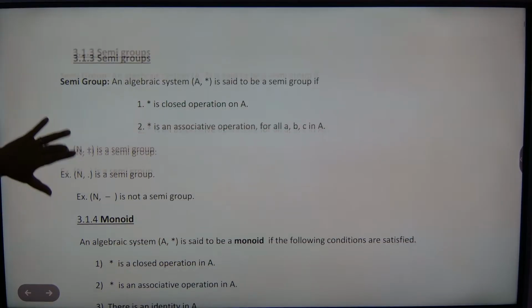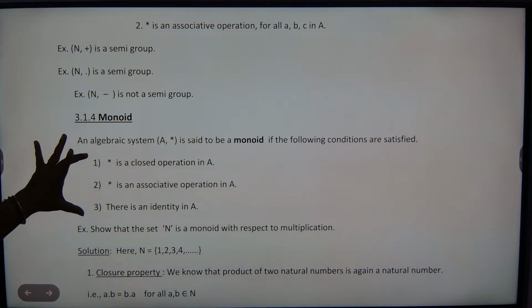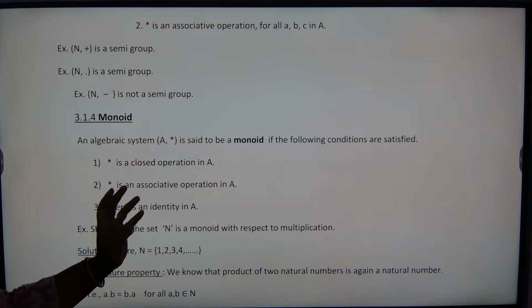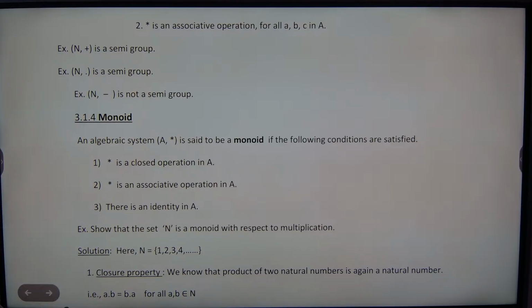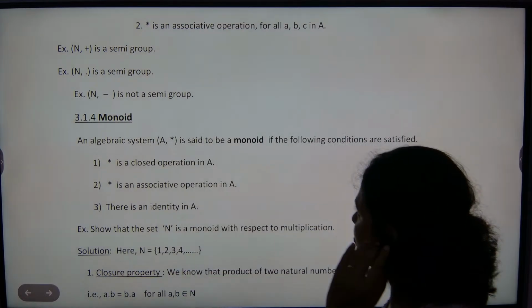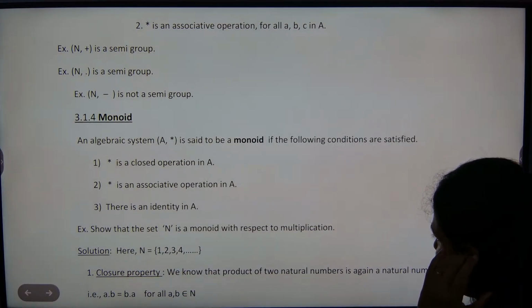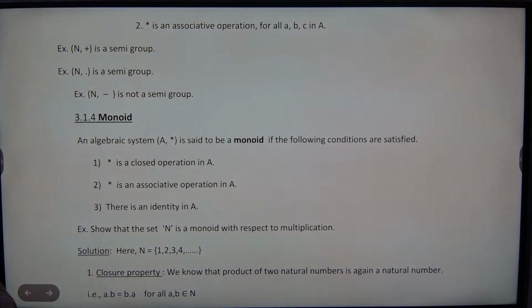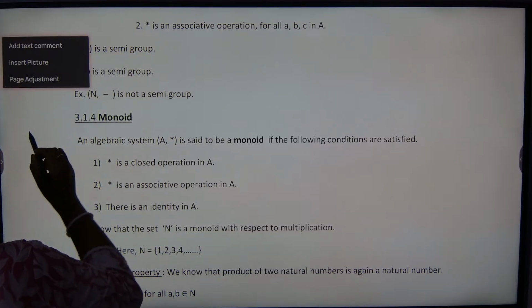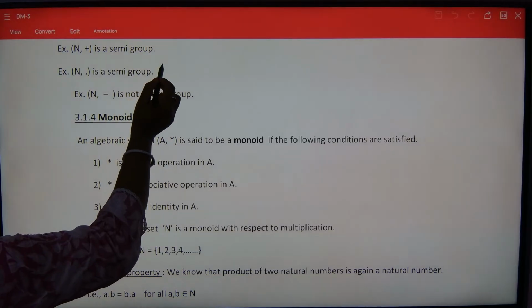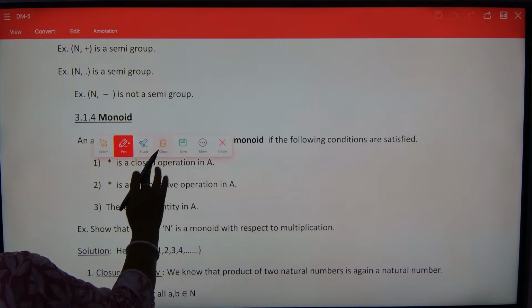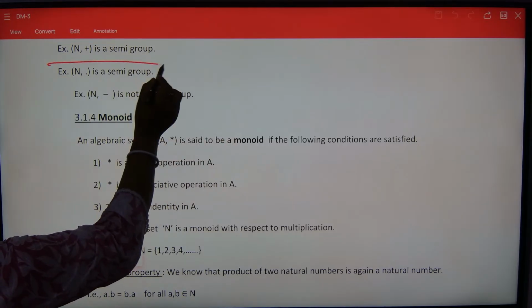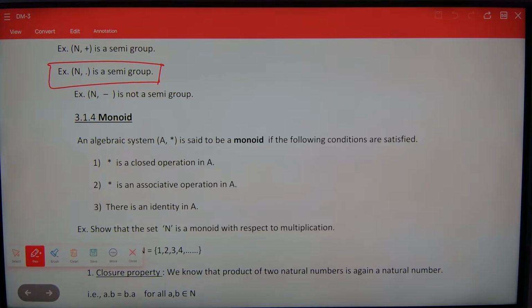Next, what is a monoid? A monoid has three parts: closure, associativity and identity. Now there is a question, this thing written in the PDF, it will be a monoid, because it has identity.